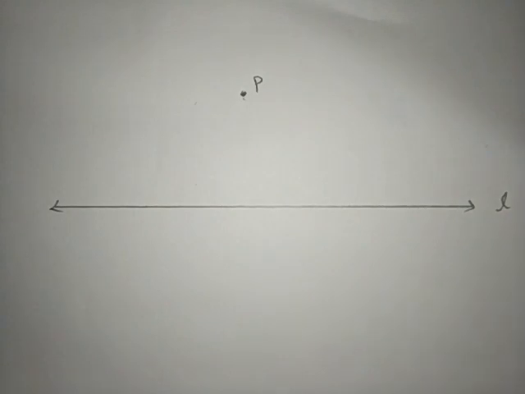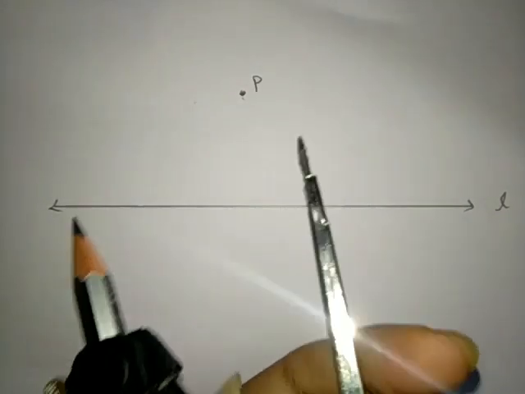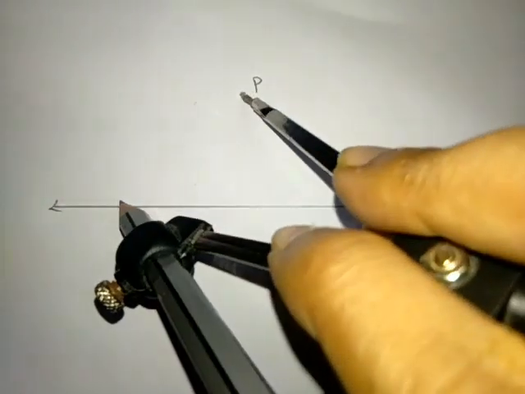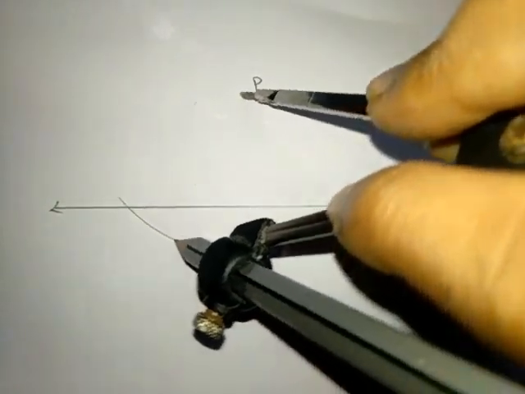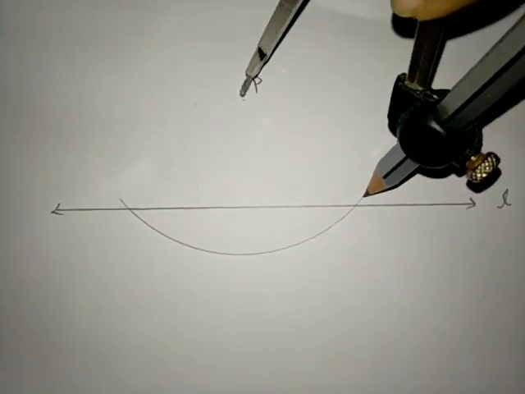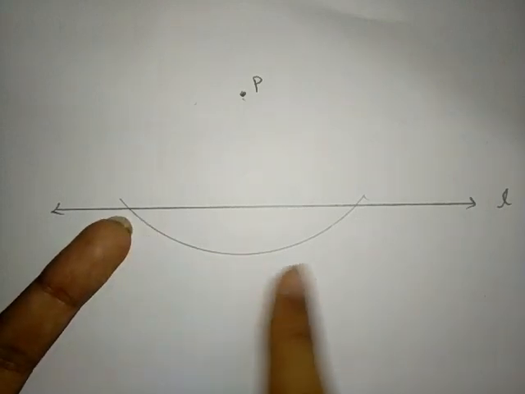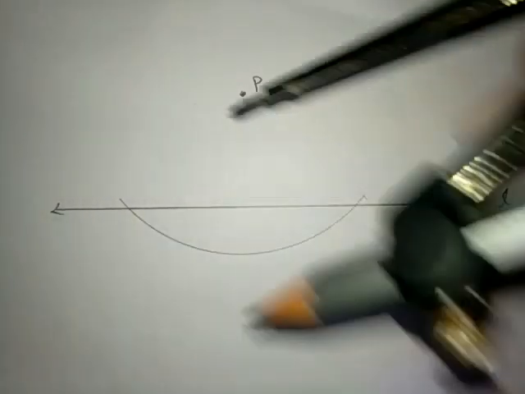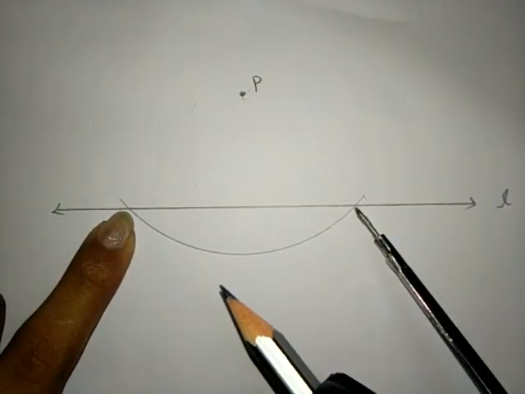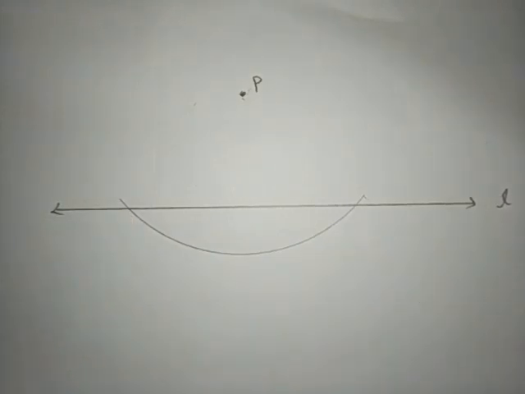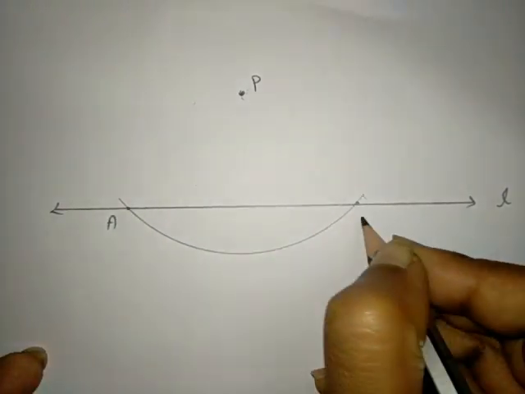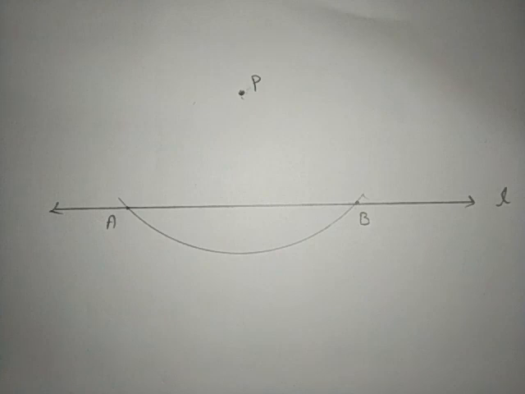Again, keeping the compass on point P, we'll draw an arc in such a way that it should cut the line L here. You can see I have drawn an arc placing on point P. Now it is cutting the line L at this point and this point, isn't it? Now we'll mark this point as A and this point as B.